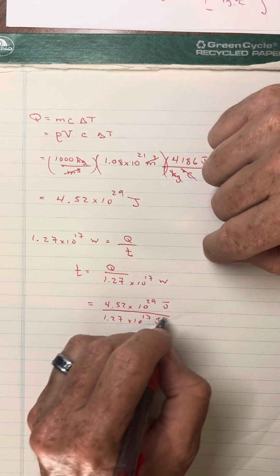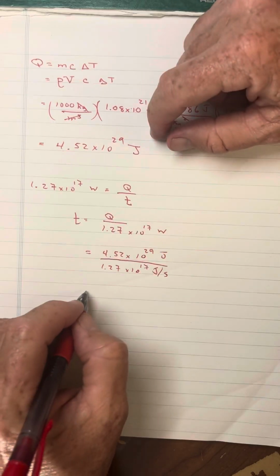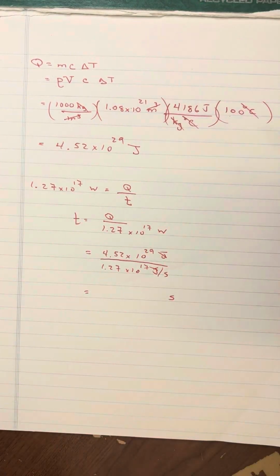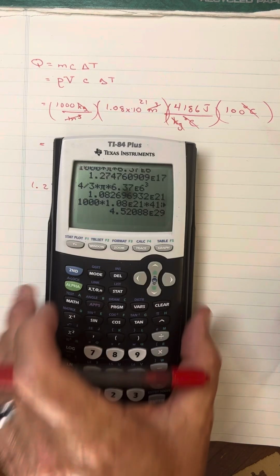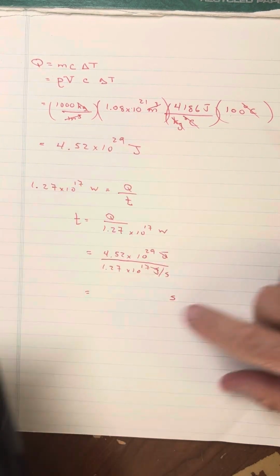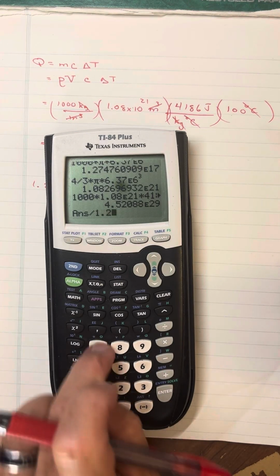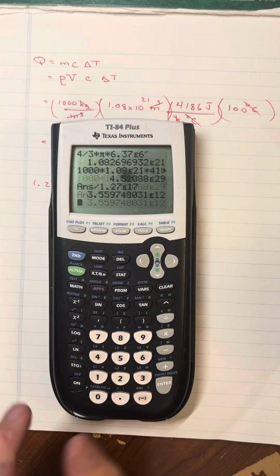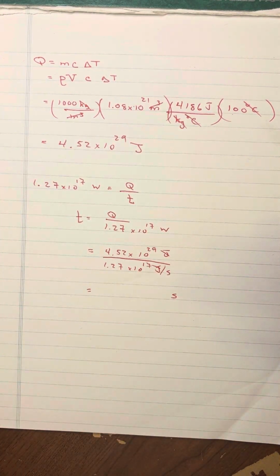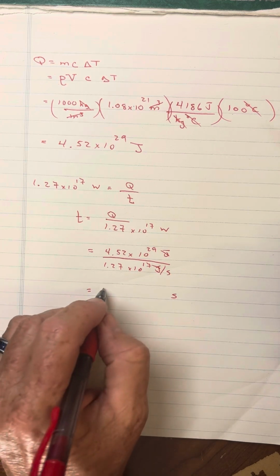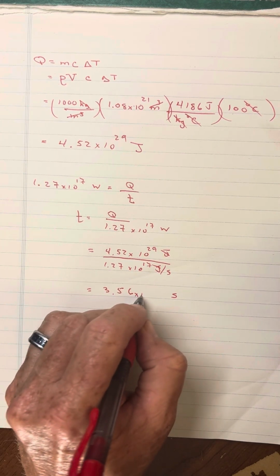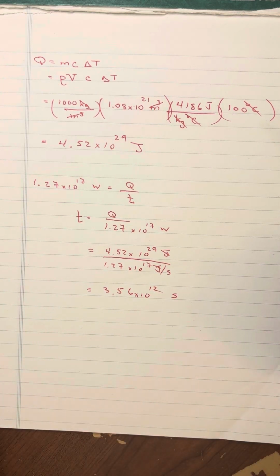I'll put watt as a joule per second. So you can see that the joules cancel off and the seconds flip and multiply. So take that number, divide it by 1.27 times 10 to the 17th, and we are looking at 3.56 times 10 to the 12 seconds.